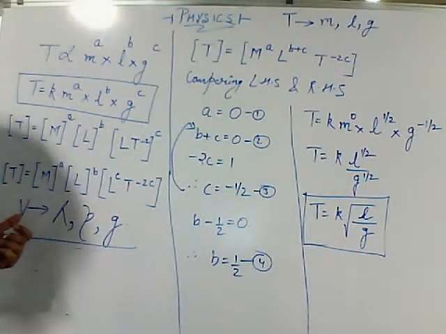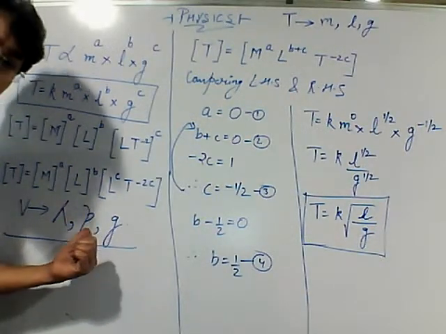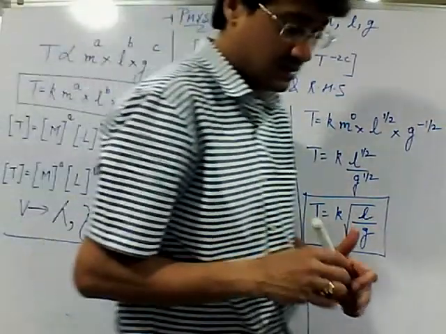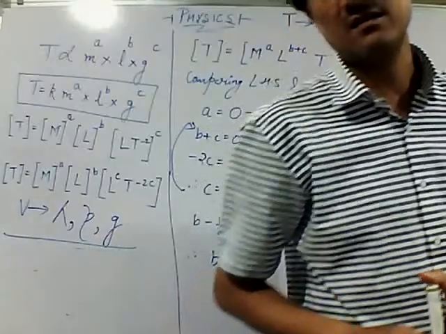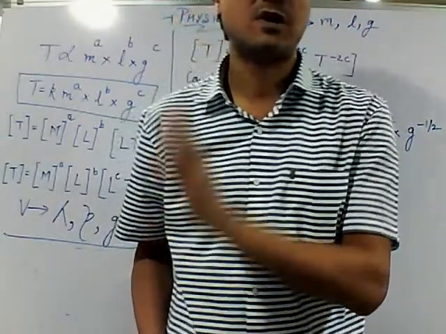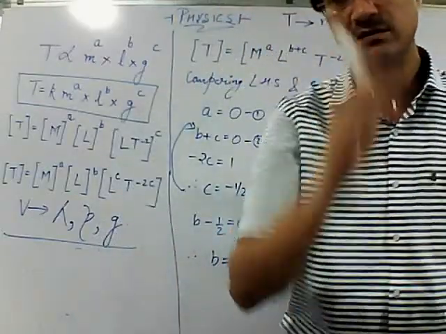Velocity of flow of water depends on wavelength lambda, density rho, and acceleration due to gravity g. Obtain a relation for velocity v of water.